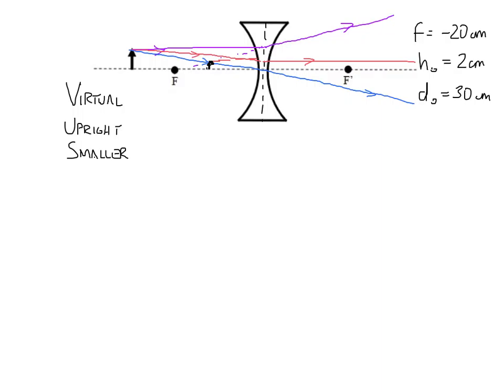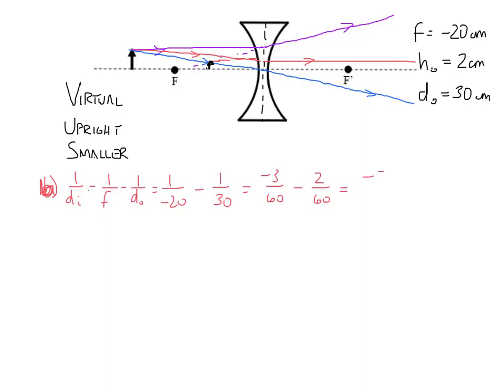So to answer part B, 1 over di equals 1 over f minus 1 over do. So we have 1 over negative 20 minus 1 over 30. Common denominator is 60, so it's minus 3 over 60 minus 2 over 60.